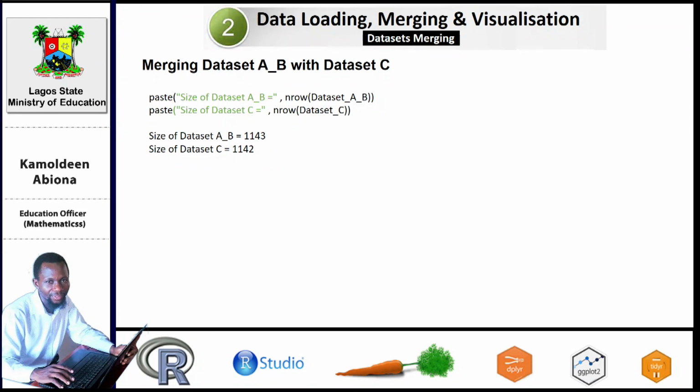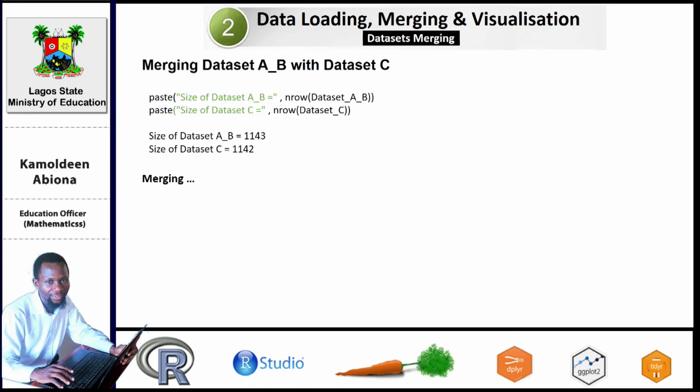For dataset C, it gives 1,142. It means dataset AB, which is 1,143, will be the universal.